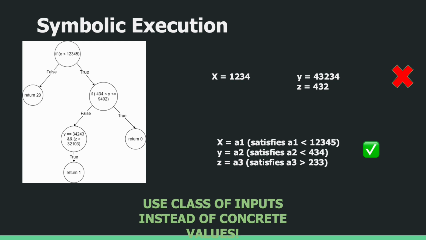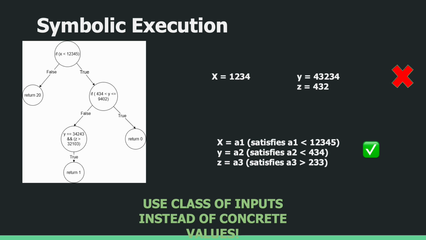Now let's say that internally our symbolic executor applies constraints on a1. For example, it says that whatever the value of a1 is, it belongs to a class which satisfies the constraint that it is less than 12345. Similarly, a2 belongs to a class which satisfies the constraint that it is less than 434, and a3 belongs to a class which satisfies the constraint that it is less than 233.